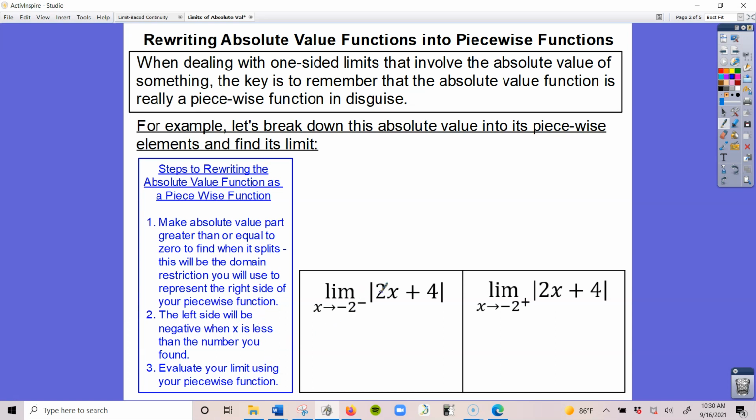For your convenience, I have the steps here on how you can rewrite it as a piecewise function. The first part is to take whatever is inside the absolute value and make it greater than or equal to 0. This will account for the positive side of the graph. We're first calculating where my graph will split from the negative slope to the positive slope, so we solve for x.